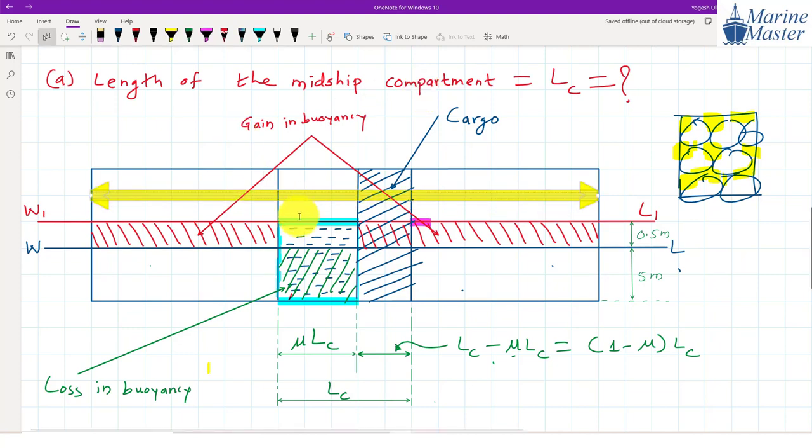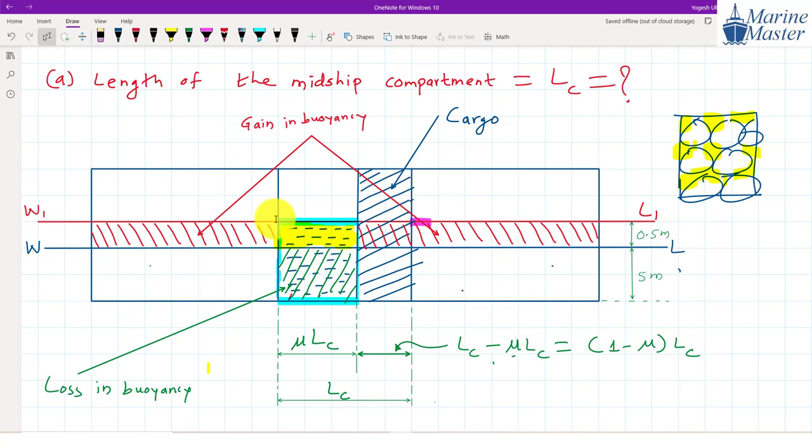Which portion is not contributing to the buoyancy? This mu LC portion is not contributing, and the remaining portion is contributing. So the remaining length is 66 minus mu LC.